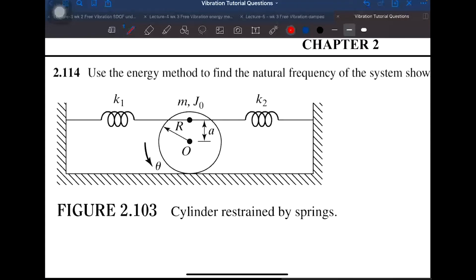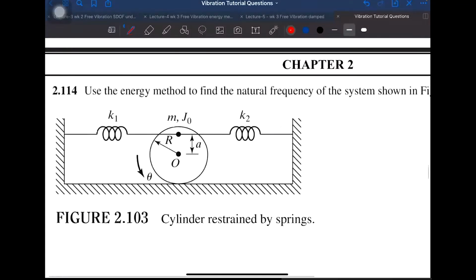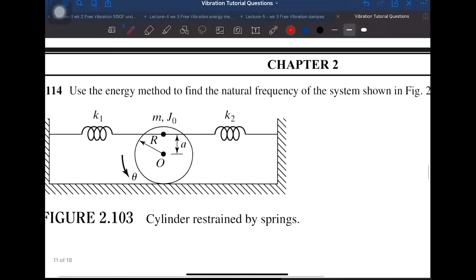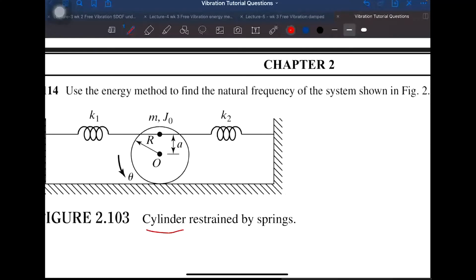You can find rotational motion in the cylinder, and also translational motion for the springs.